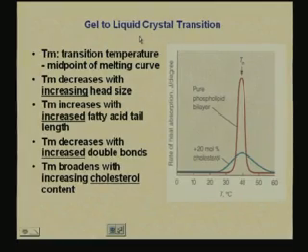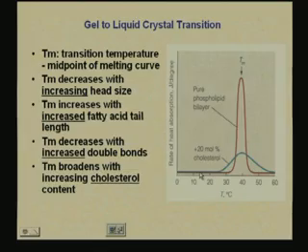Now, we are going to look at the features that result in differences in this transition temperature. When we look at the heat absorption, we have temperature along the x axis here. When the temperature is low, everything is ordered.